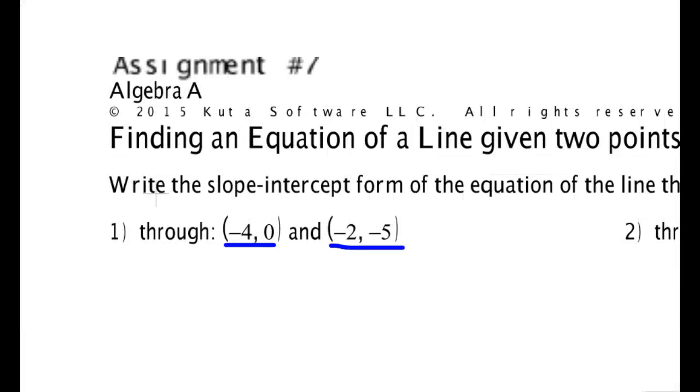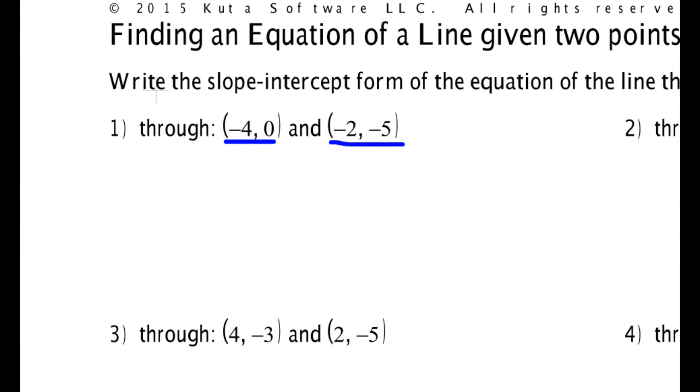But how do you do that without the graph? So we got slope. You might remember the slope formula. So we have the y's are always on top and the x's are on the bottom.